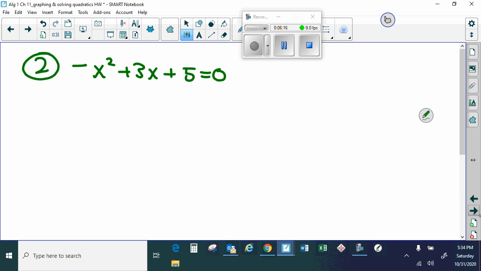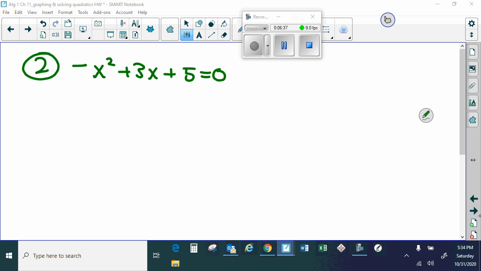Okay, now there are ways of doing it by hand. We're not at that level yet; we do that in Algebra 2. We're just going to have you plug it into the graphing calculator. This does not factor, so I can't do it like number 1. On the next sheet, you're going to do it with the quadratic formula. So here we're just doing it with the graphing calculator.